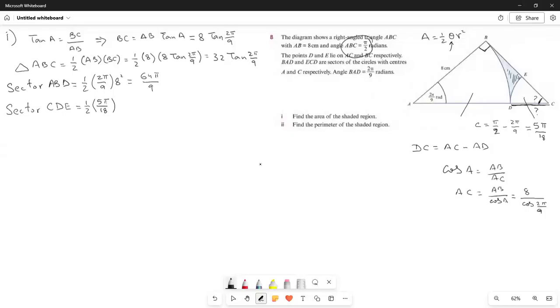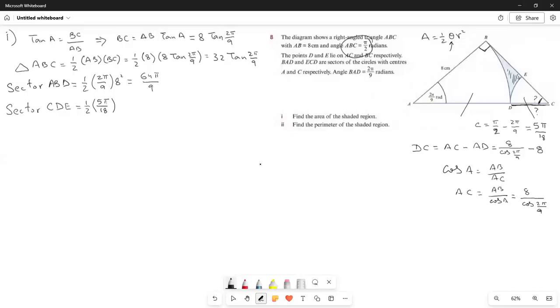Okay, so from here I can do AC is 8 divided by cosine of 2 pi by 9 minus AD. Now AD is the same as AB and it is 8. So this is my DC.